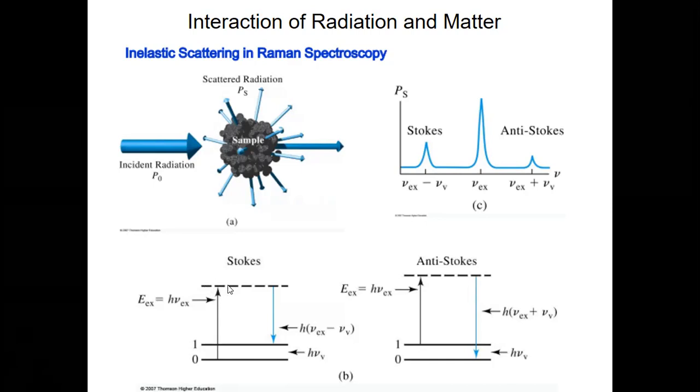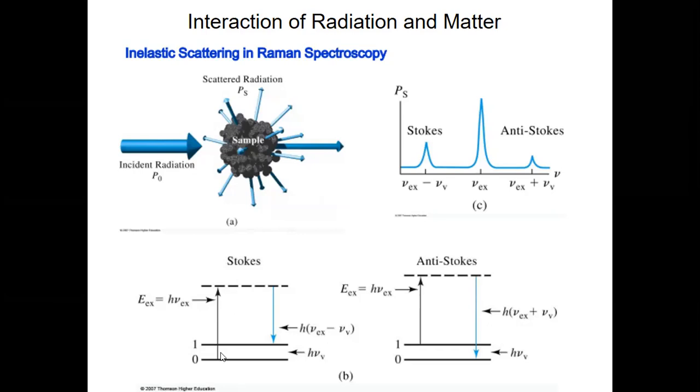That's why we represent this energy level using a dotted line instead of a solid line. Raman is also associated with the vibrational energy level, and when it absorbs energy, it will jump to a virtual state. The transition level will be somewhere here. The energy is not enough to transfer the electrons to the next transition level, right?